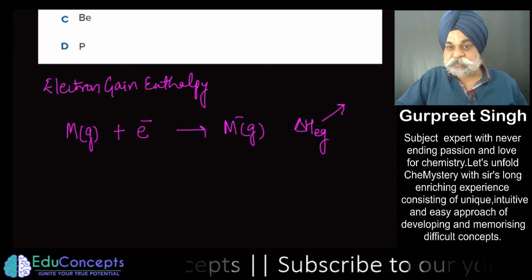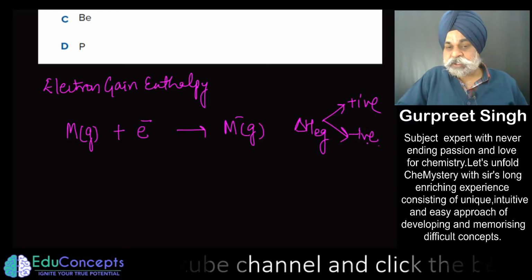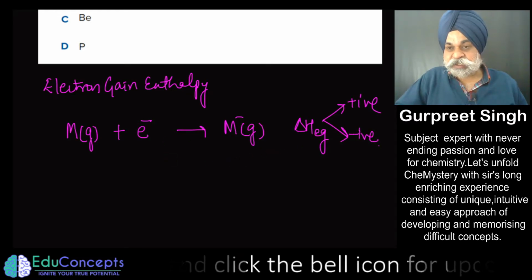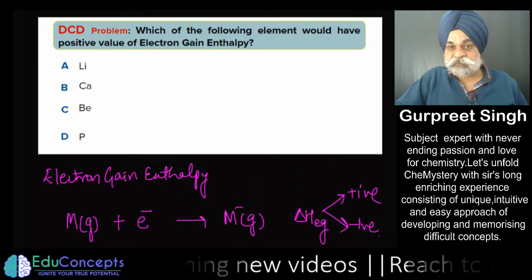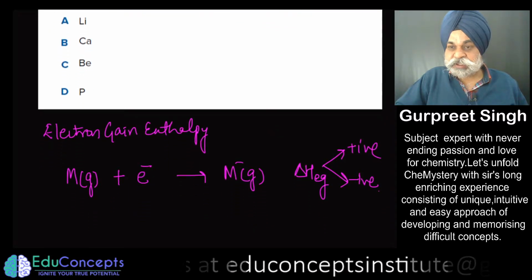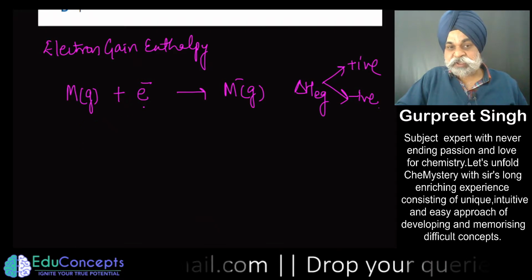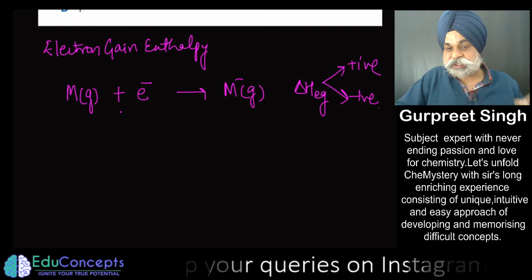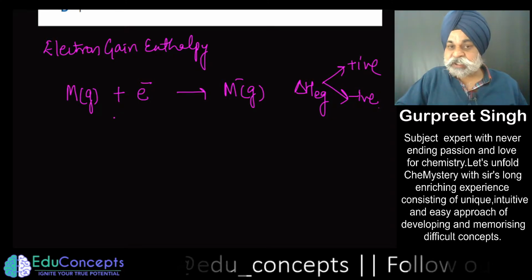Now this can be positive as well as negative. Fundamentally, the examiner is asking whether you have the knowledge of what type of elements you would see this in. Always remember that whenever an electron is added to an isolated gaseous atom, the nucleus of that element is going to attract the incoming electron.